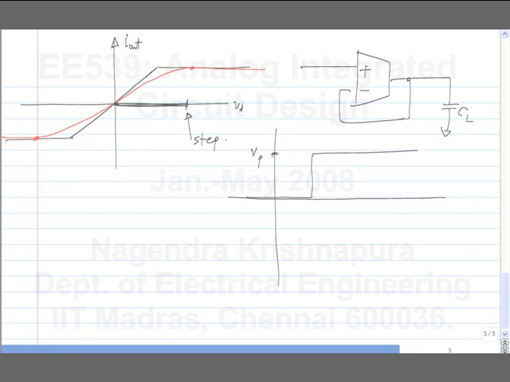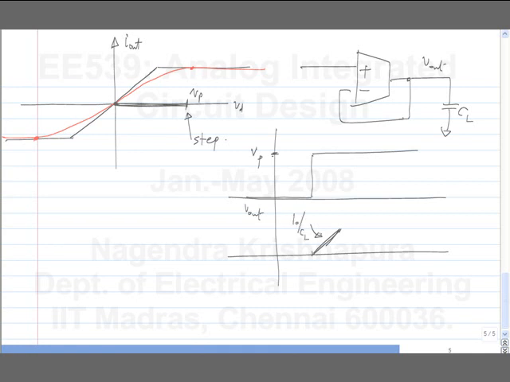This is Vp, so it will slew. So if you plot V out, it will start ramping up at a rate. What's the rate of ramp up? I naught by CL.